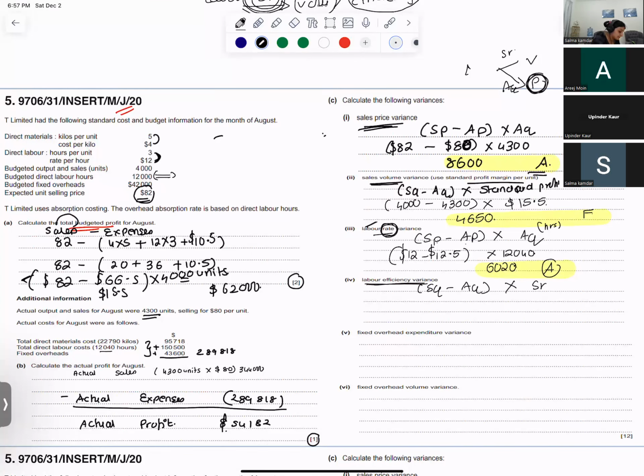This is your budgeted information, the master budget, which means standard rate into standard quantity.